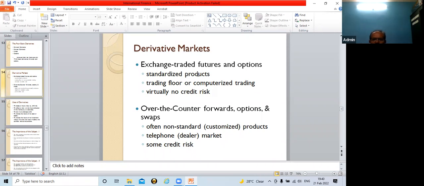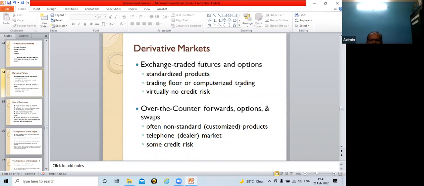Are you getting my example? A standard product is where the specification is the same.